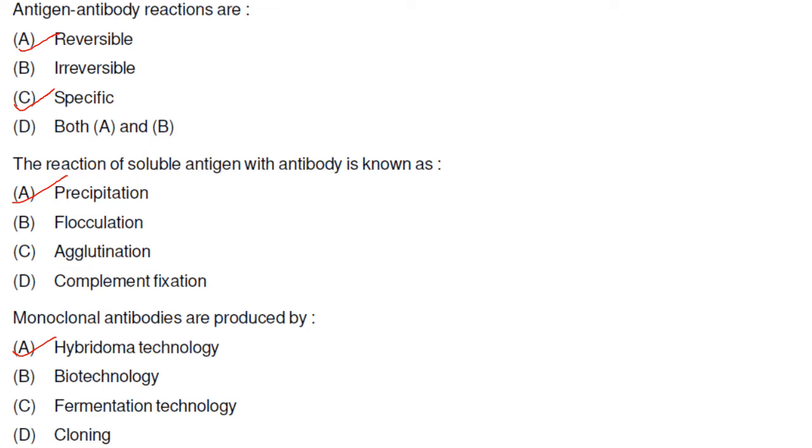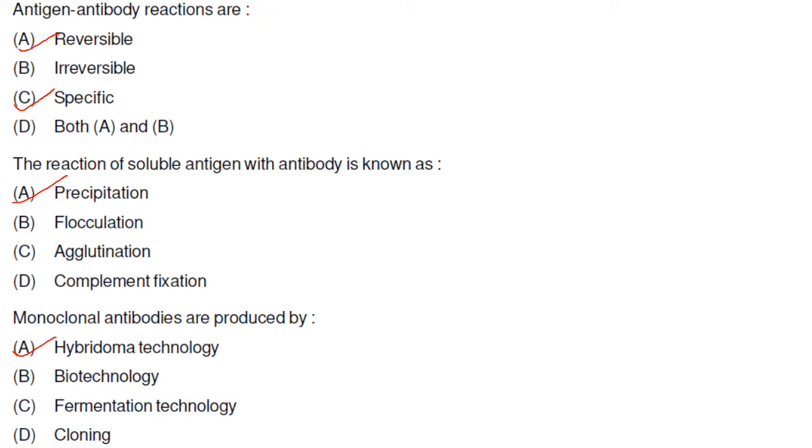Agglutination is antigen antibody reaction in which particulate antigen combines with antibody to form visible clumping of particles. Whereas in precipitation, soluble antigen combines with soluble antibodies to form insoluble visible complex. This is called as precipitation. So answer here is option A, precipitation.